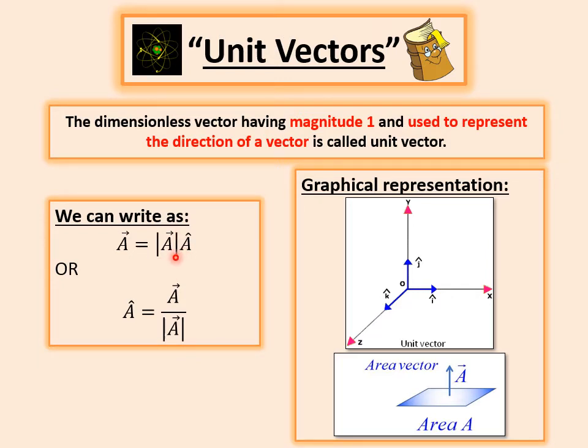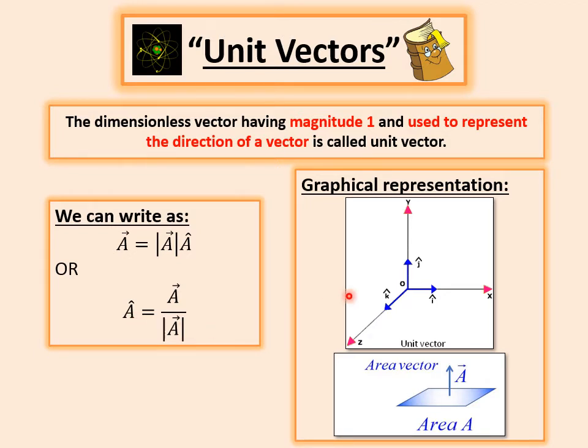We can arrange it as unit vector A equals vector A divided by the magnitude of vector A. By this formula, when we divide a vector by its own magnitude, we get a unit vector.